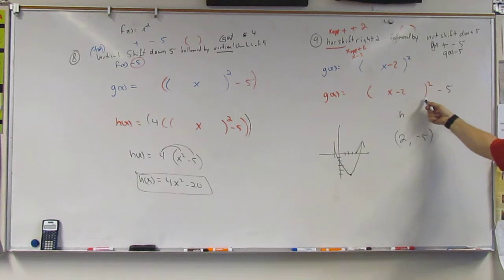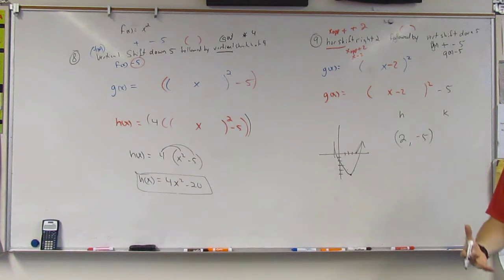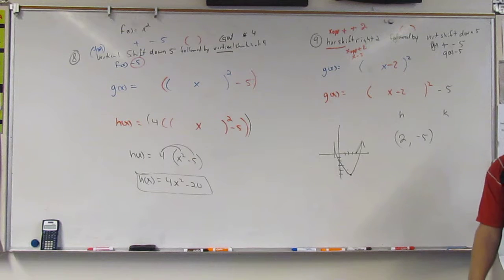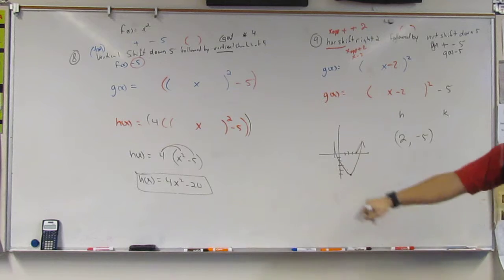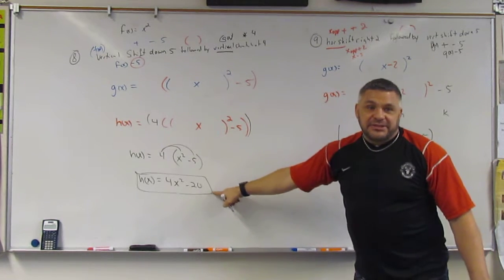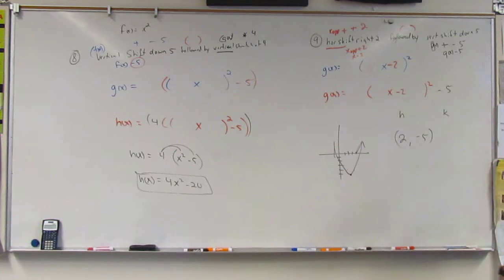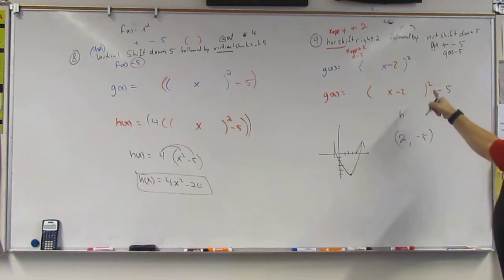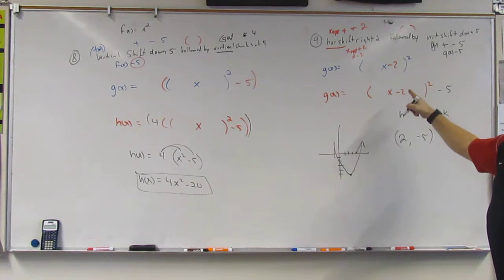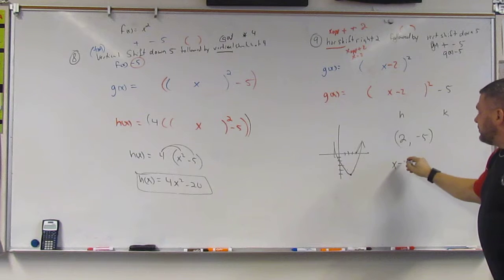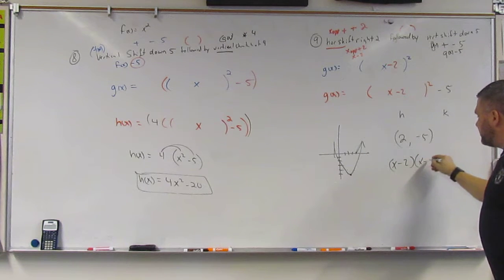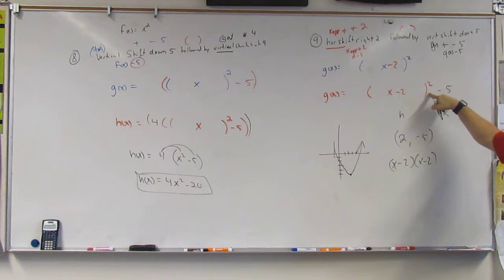And we could keep it like that. Or we could rewrite it. Like we did over here. That's extra credit. I'm not making you. But if you did rewrite it, remember what you have to do. You have to do x minus 2 times x minus 2 because it's squared.